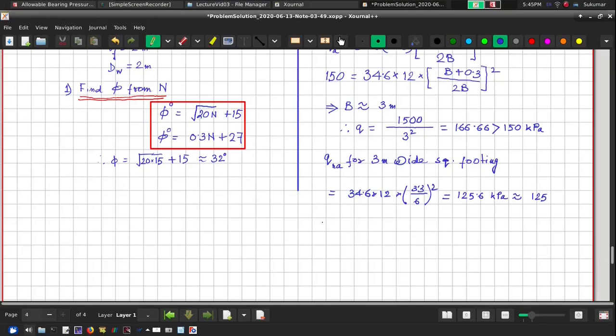So size of the footing will be, B will be equal to how much? 1500 by 125. That will give me square of B, so this will be square root of this, and this gives me how much? 0.46 meter.